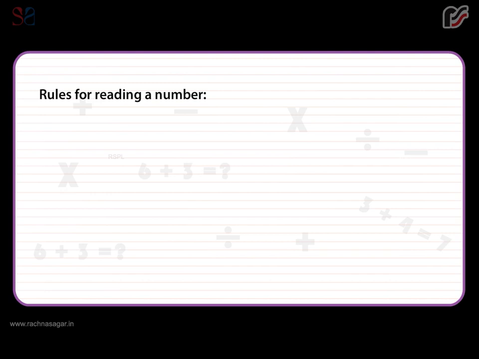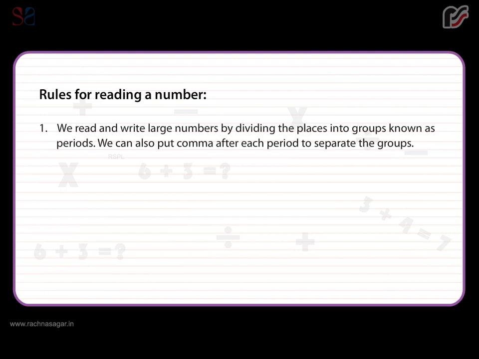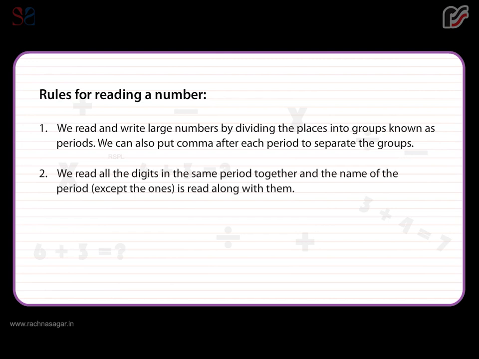Reading and writing large numbers. Rules for reading a number. 1. We read and write large numbers by dividing the places into groups known as periods. We can also put comma after each period to separate the groups. 2. We read all the digits in the same period together and the name of the period is read along with them. 3.